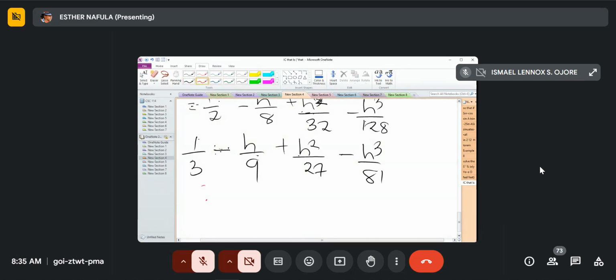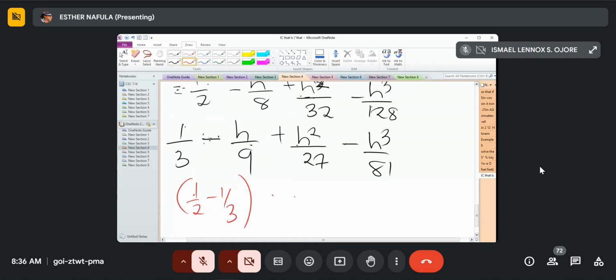So first, constants, we have a half minus a third, right? Yes. Then for the second part, we have minus h over 8 minus h over 9. Or you want us to factor the h outside. So you have 1 over 8 minus 1 over 9 into bracket h. But we have a minus.